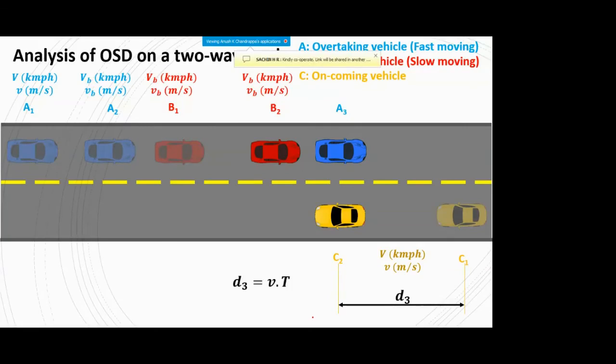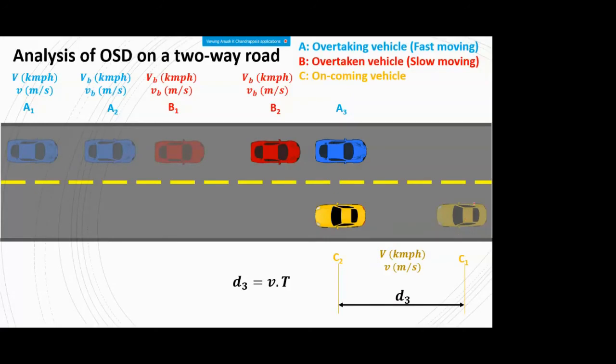It will be just simply design speed V into capital T. Now again, D1 was VB into small t, but D3 is design speed into capital T, because we know that the vehicle is not reducing its speed, so it's traveling with the same design speed that it was till the point C1.